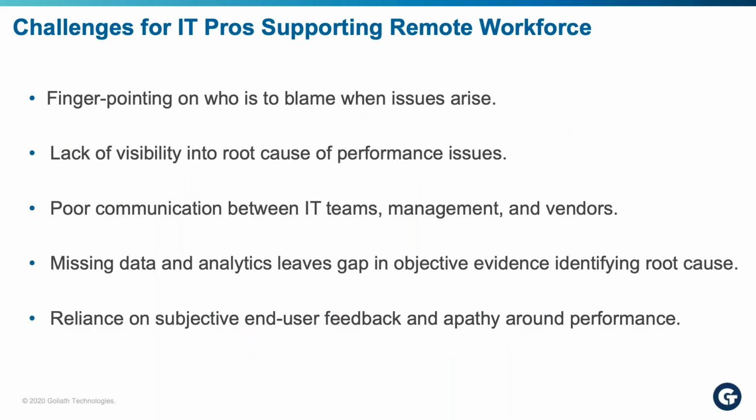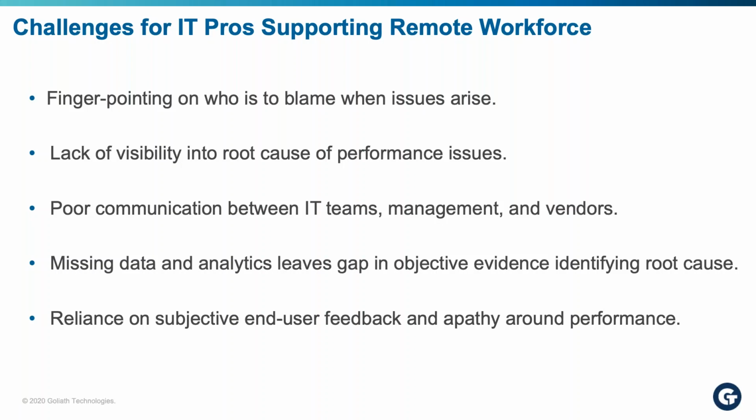First, I'm sure many of you are facing a lot of these challenges that you see on this slide. These are things that we've been hearing from our clients time and time again, especially with the surge of remote workers. At the heart of all these challenges really tends to be the lack of data and information in order to identify performance issues across your remote worker base.